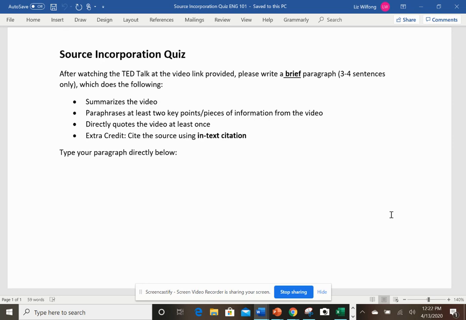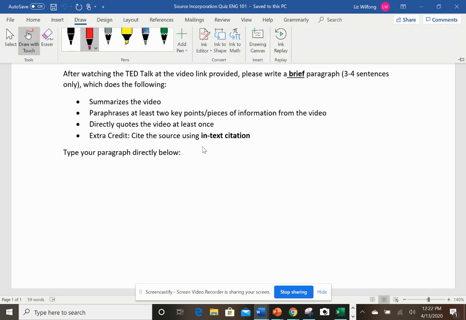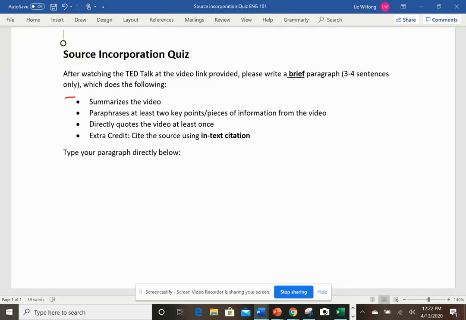Okay. And it doesn't necessarily have to be in this exact order per se, but it needs to include all of these 3 things here. Hold on. See if I can ink on this draw. All right. So these 3 things, right? You're going to summarize the video in like a sentence. Basically, what is the video about?